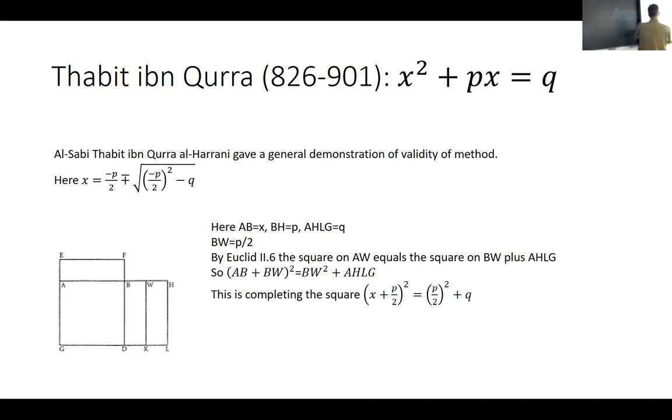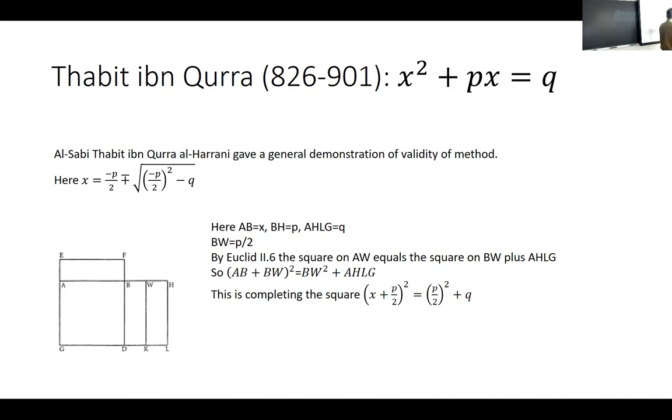We can see that because we just take this, bring it up here, and then there's a square on AW. So that means AB plus BW squared equals BW squared plus AHLG in our situation.